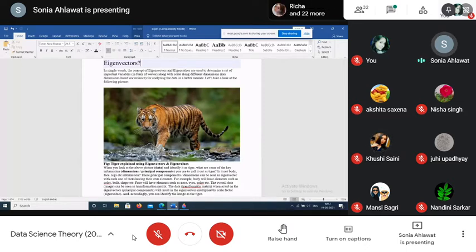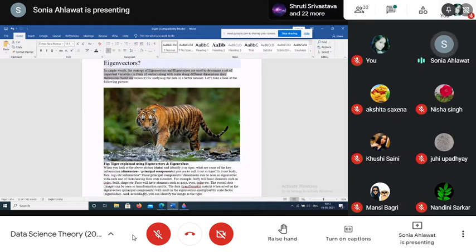I just said that we require eigenvalue and eigenvector at a place where we have to identify some key important features. Okay, ma'am. So in simple words, it is being stated over here that the concept of eigenvalue and eigenvector is used to determine a set of important variables. In brackets there is something written in the form of a vector.